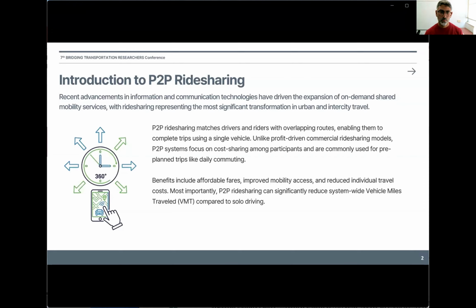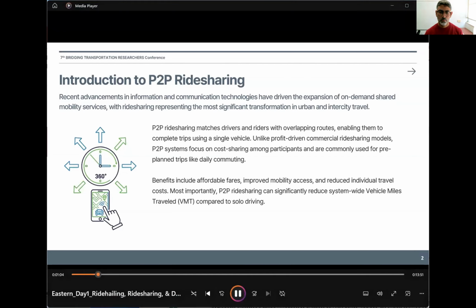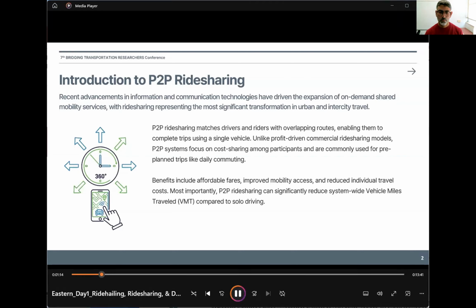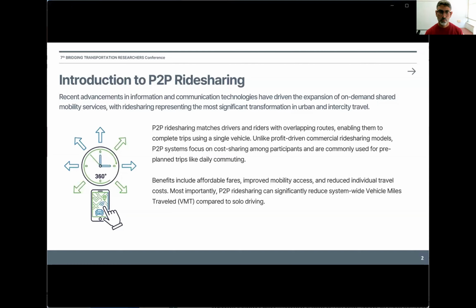Unlike commercial ride-sharing, which is profit-driven, peer-to-peer ride-sharing is typically cost-sharing, with drivers and riders saving on travel expenses. This system reduces the number of vehicles on the road, thereby minimizing traffic congestion and VMT, eventually contributing to a more sustainable transportation model.